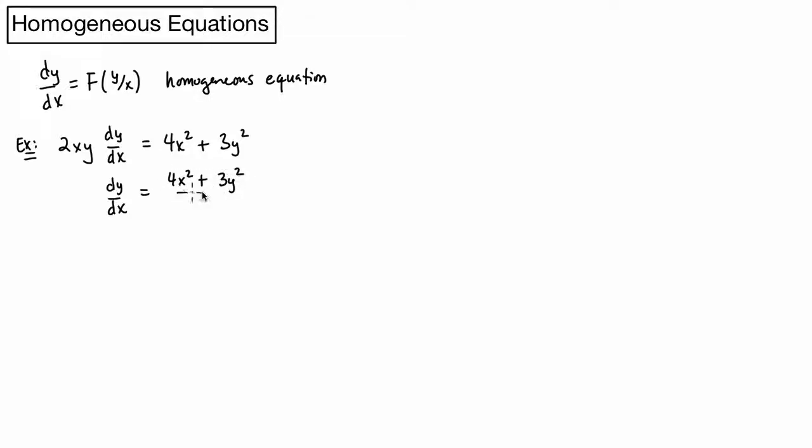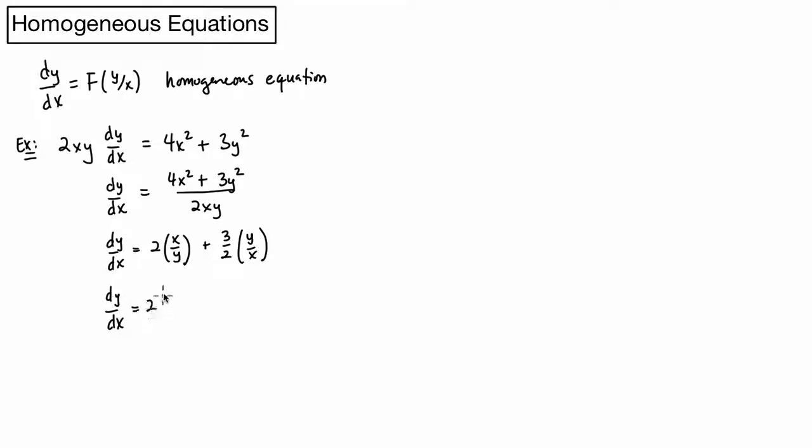And with some clever algebra going on here, we can actually rewrite the right-hand side as 2 over x divided by y, plus, you can see here, you get 3/2, and then there's that y over x term that pops up. Now, just one more small change to make.